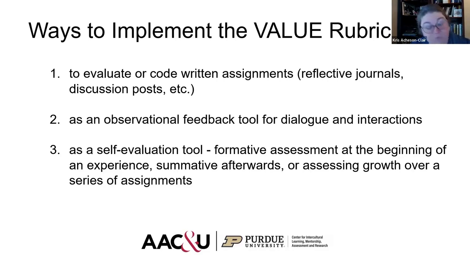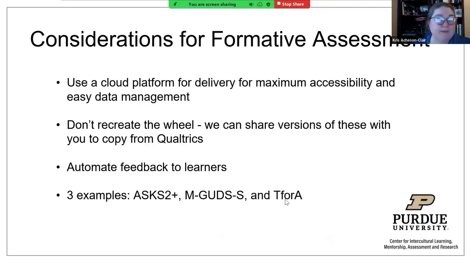You can do that either cross-sectionally, just at one point in time, or longitudinally, so that you might do it as a formative assessment at the beginning of an experience, maybe even several times throughout an extended, longer-term experience, and then at the end, where people can really see their trajectory of growth over that series of assignments.